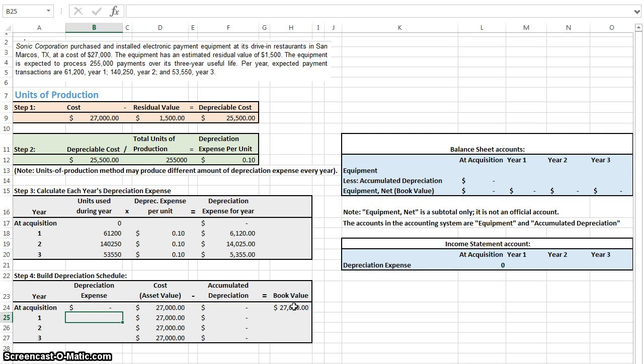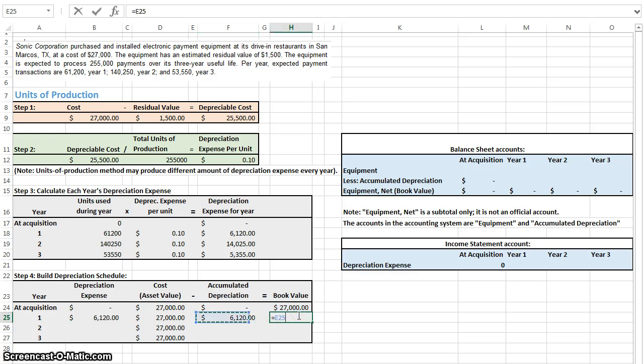So year one, let me just take our depreciation expense here, $6,120, and I just kept the formulas from before. All I did here is, if I look at the formula for this one, old accumulated depreciation is 0 plus this year equals my current year's depreciation. Okay, $6,120.